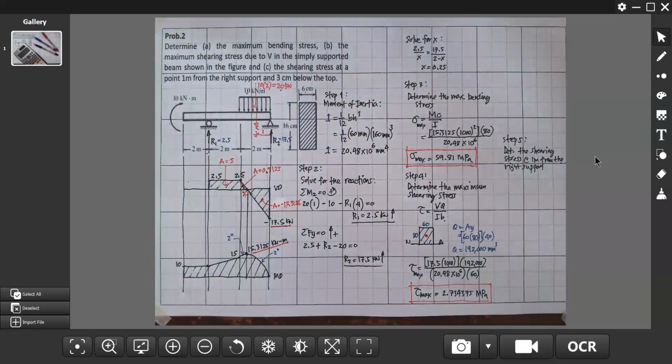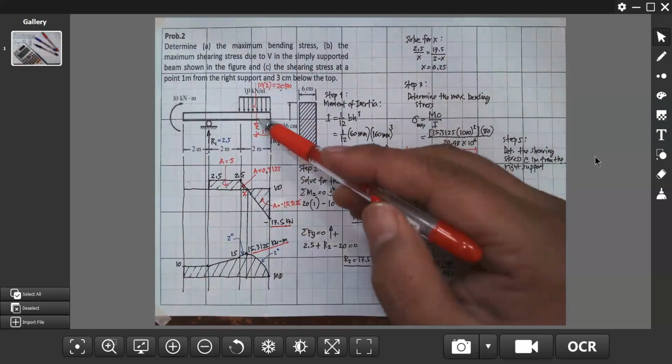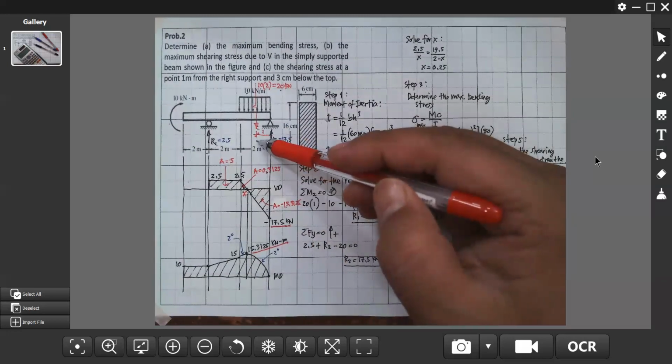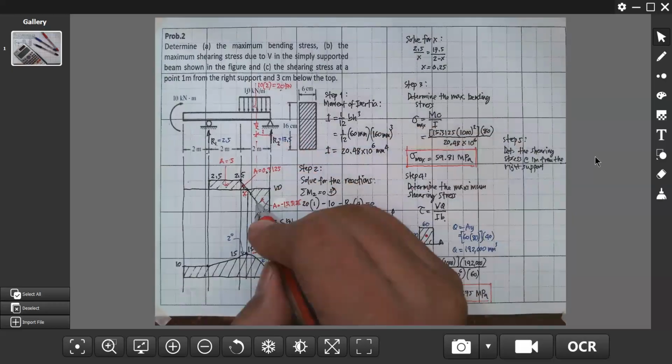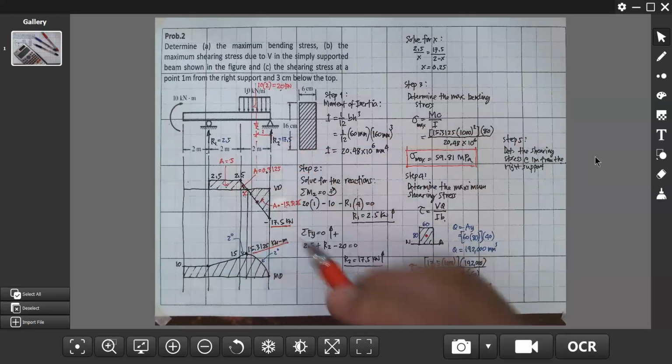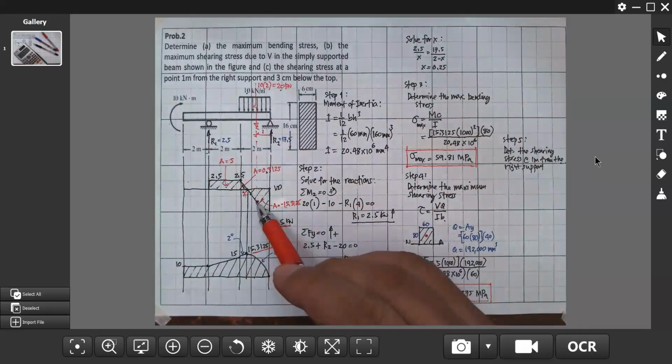First, we get the value of shear 1 meter from the support. We project 1 meter down. What is the value of V?